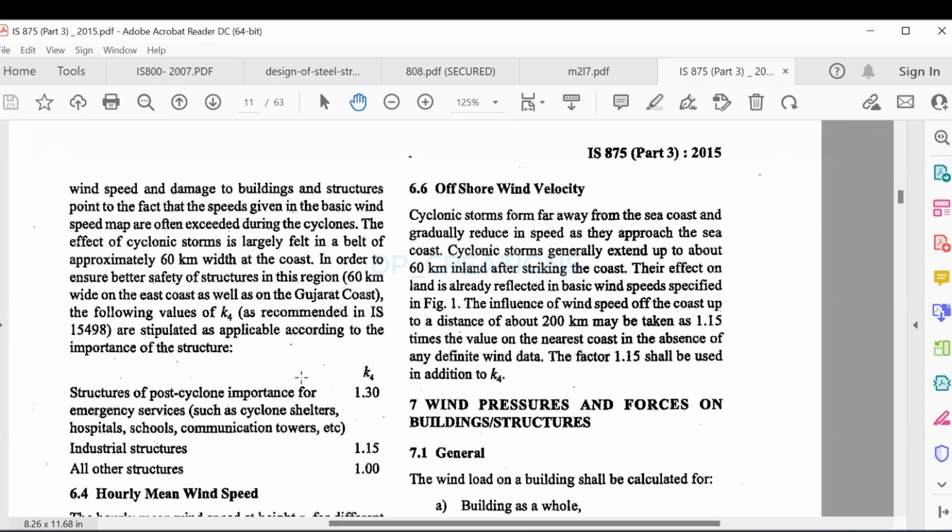So Bhubaneswar is around 70 kilometers from sea, but that means you can think about it or not think also. But always, whether the options are there, as a designer, you should take the worst case. Okay. This is the concept or philosophy of design. Whether you have the option of two things, then the worst thing you should always take. So in our case, it is 60, so we can consider it as a cyclonic zone.